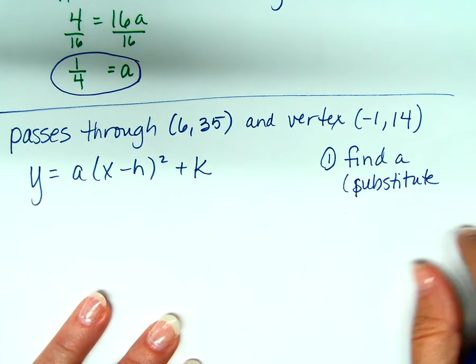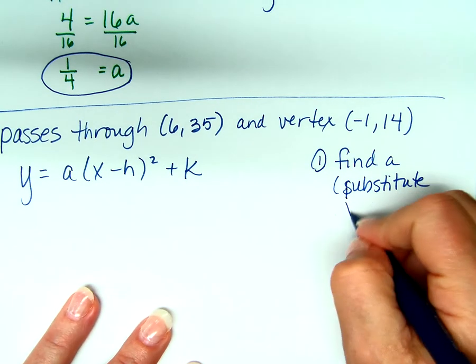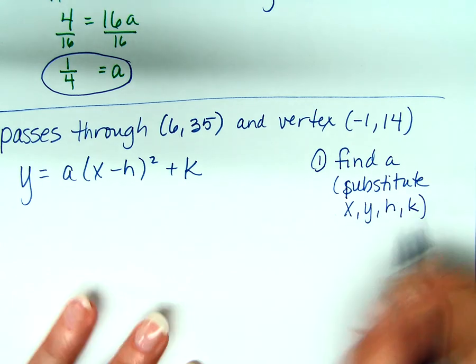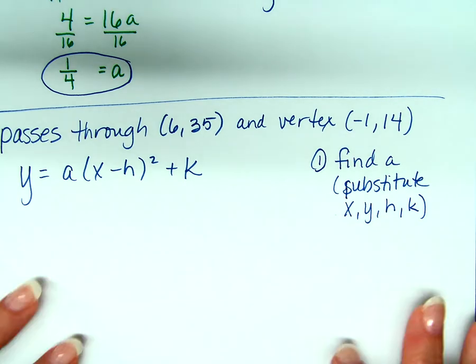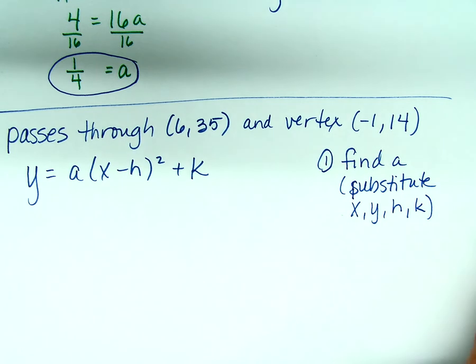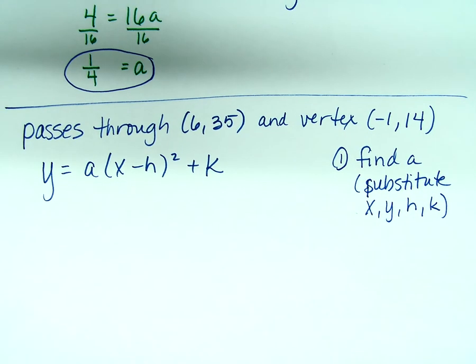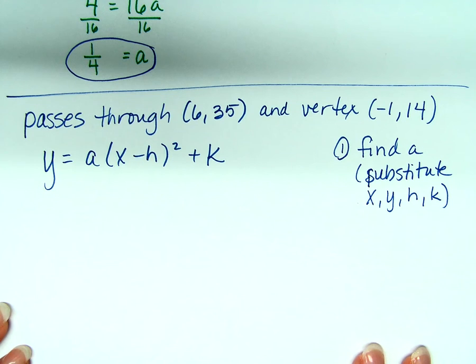Yeah, I'm going to use substitute if that's okay with you guys. Substitute x, y, h, and k, right? You okay with that? I just know some of you like steps to follow, so I'm trying to think of a way to write this so that you have steps to follow. Is that fair? Okay.